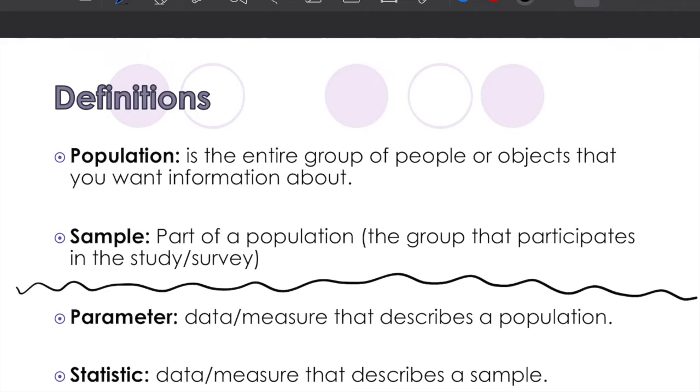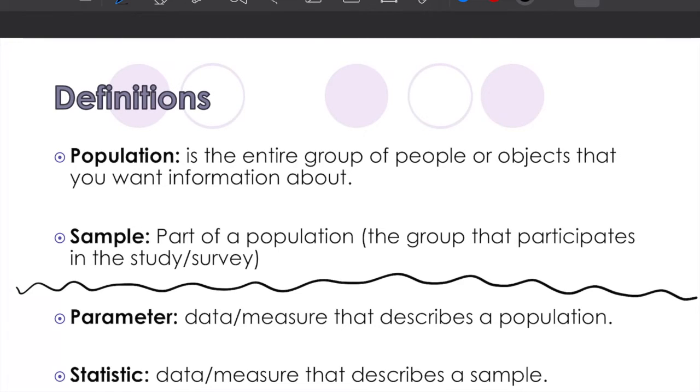But since you can't ask everybody, because that would take a really long time, you would take what's called a sample. A sample is part of the population. So you're taking just a group, a sample of that population, and that's the one that you're giving the survey or the experiment to. So population and sample, those two are related.